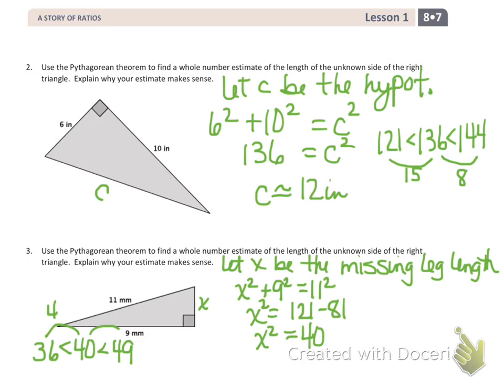So we could say our missing leg length x is approximately 6 millimeters. That's my closest whole number estimate for that. Okay, and then the explanation, which you need to write out, is just what I said, is that it's between two perfect squares. 40 is between 49 and 36, and it's closer to 36 than to 49. So the closest whole number would be 6 millimeters.